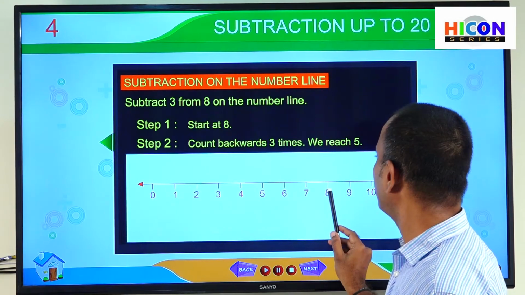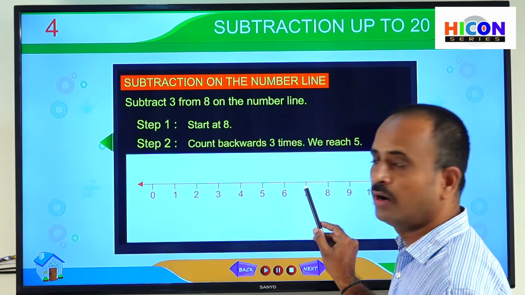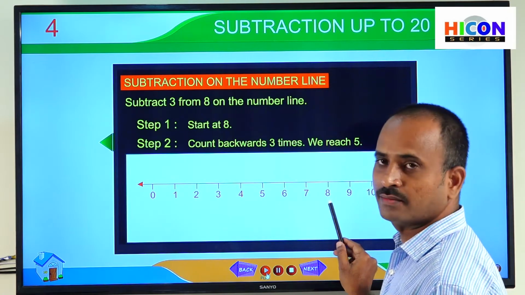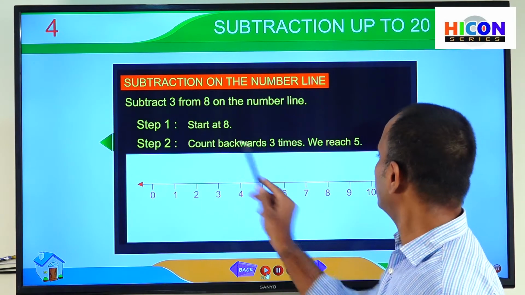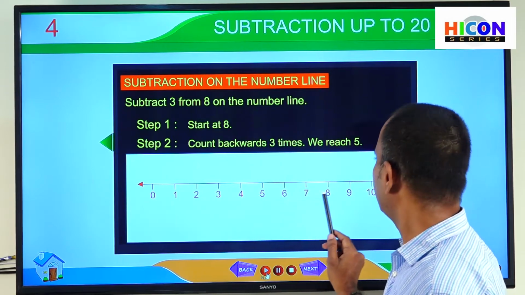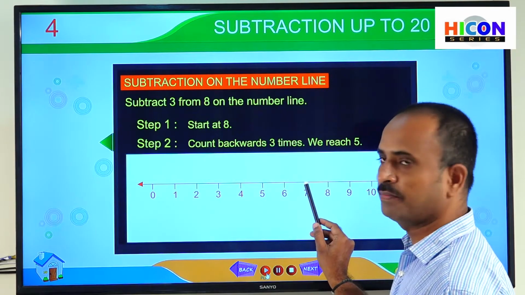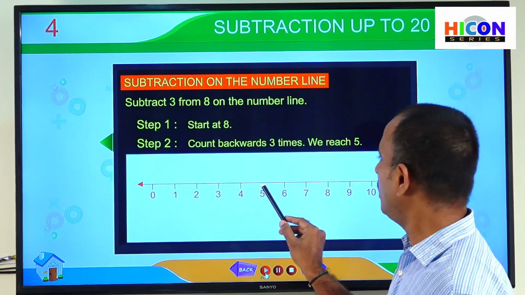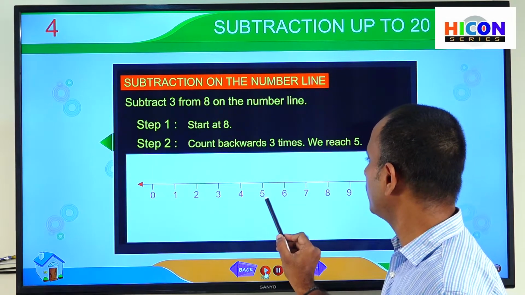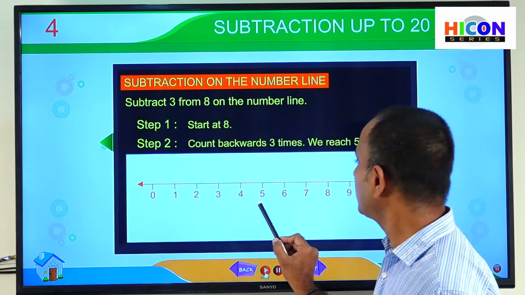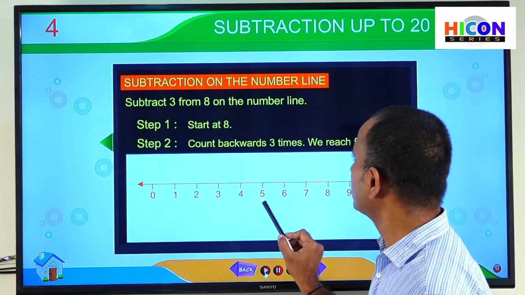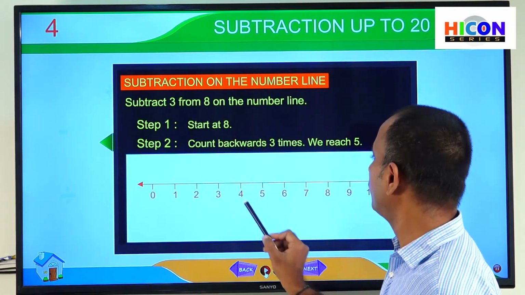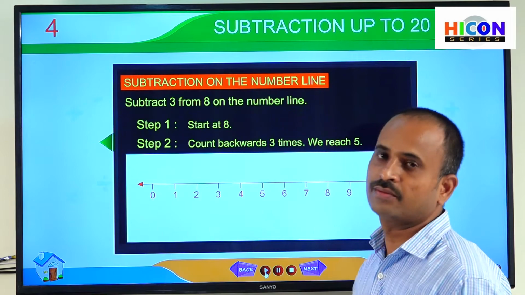That means we move 3 steps backward from 8. This is one step, second step, third step. After the third step, we reach the number 5. So the answer is 5. That means if we subtract 3 from 8, we get 5.